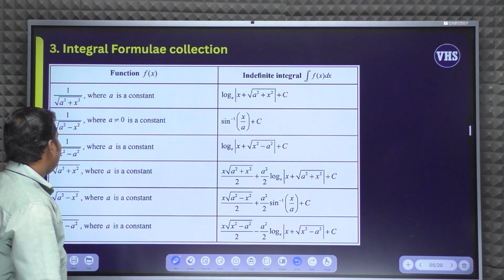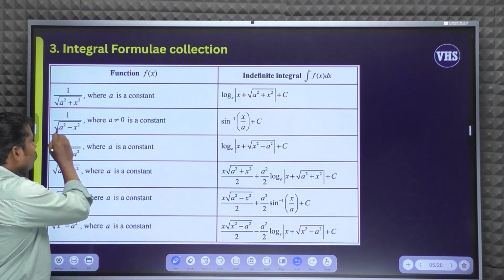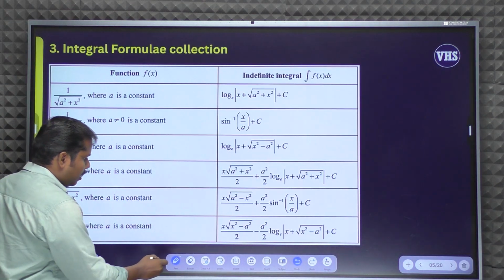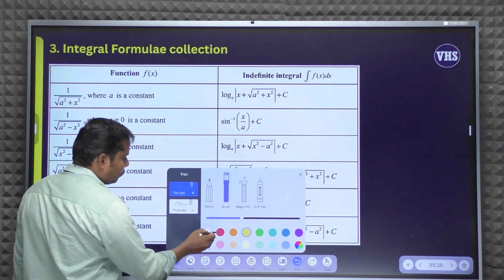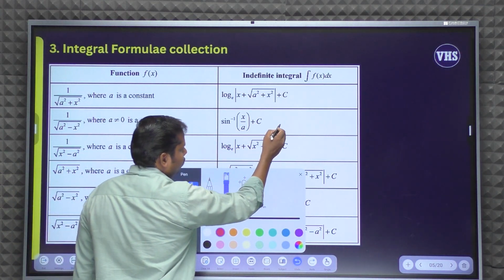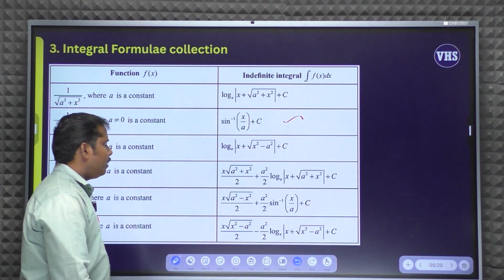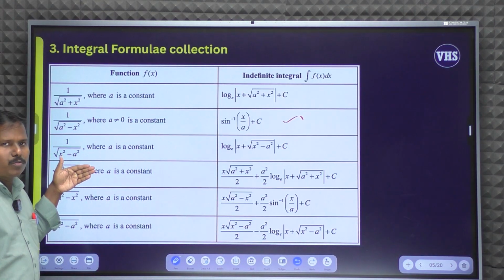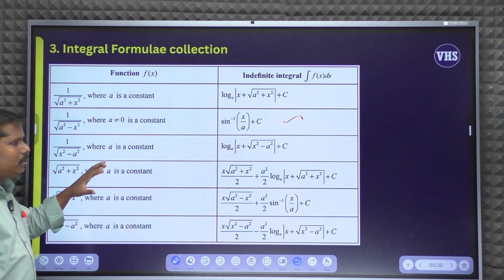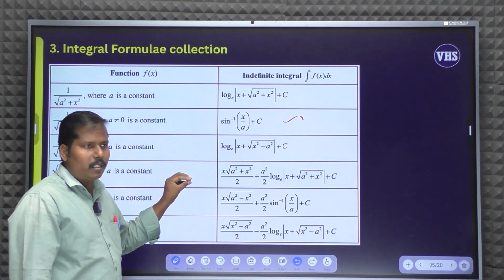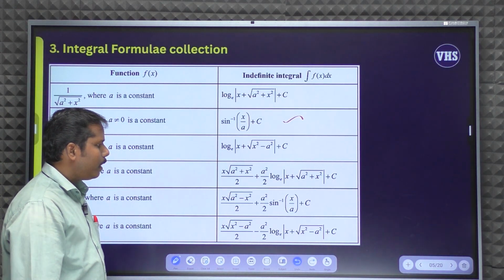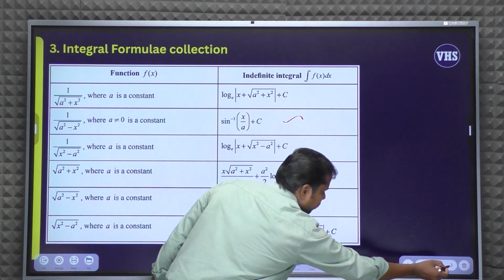In a similar way, the integral of 1 by square root of a square minus x square is given by sine inverse of x by a plus c. Just recall all these things you studied in 11th standard. Next, let us go to the next page.